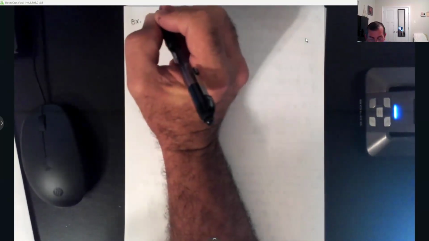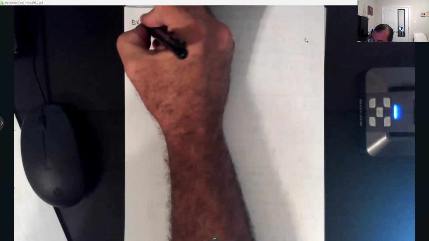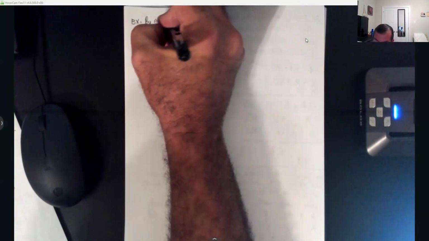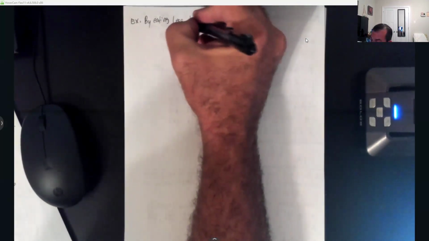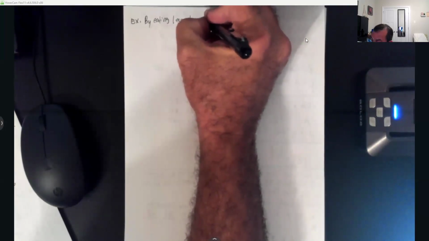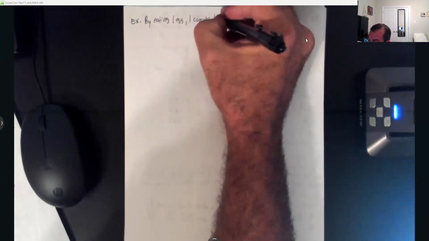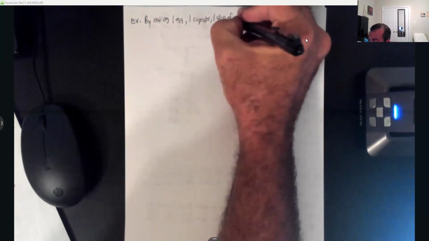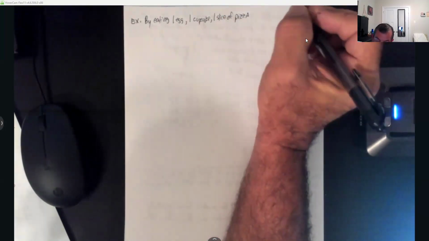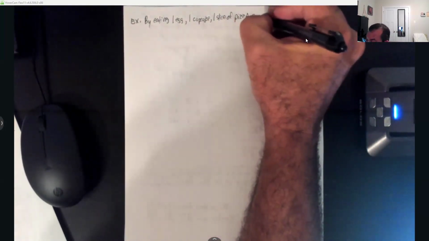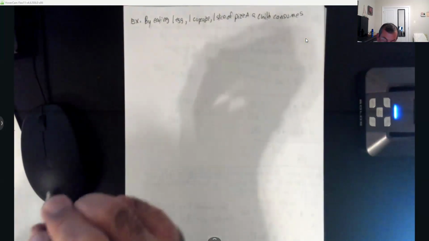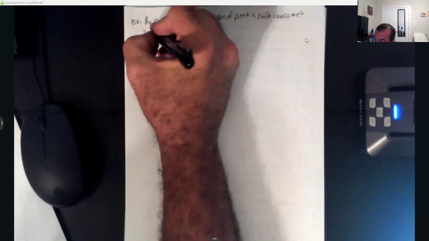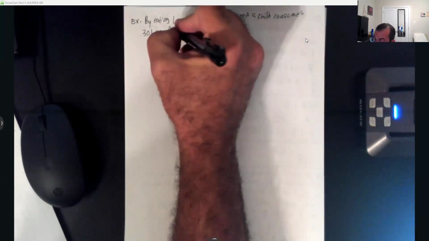And it's really similar to that one. All right, so by eating one egg, one cupcake, and one slice of pizza, a child consumes 301 milligrams of cholesterol.